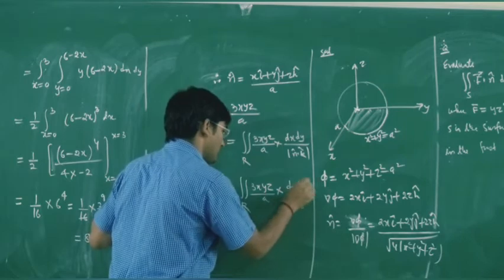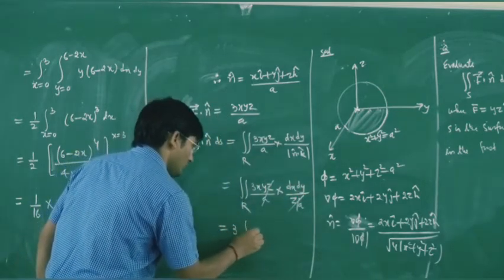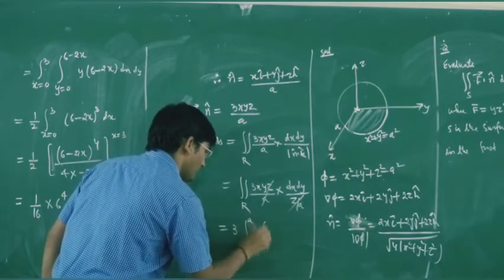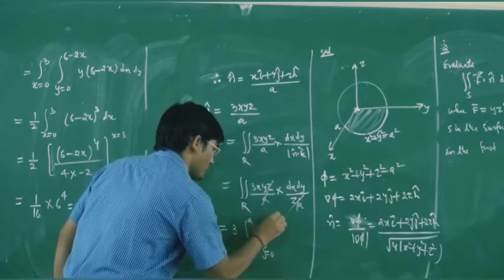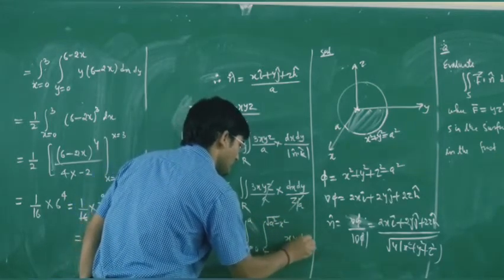So this z upon a will get cancelled. So we have 3. Now the limits of x will be from 0 to a, and the limit of y will be from 0 to the square root of a square minus x square. Then we have xy dx dy.